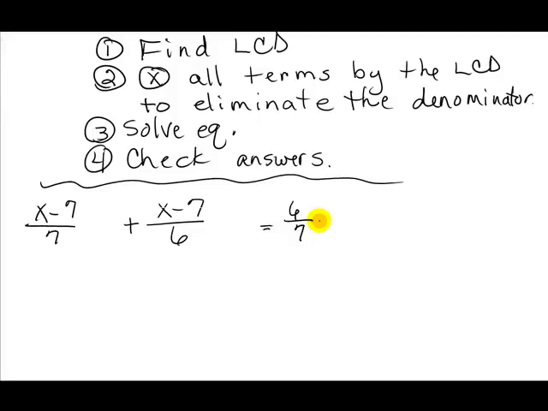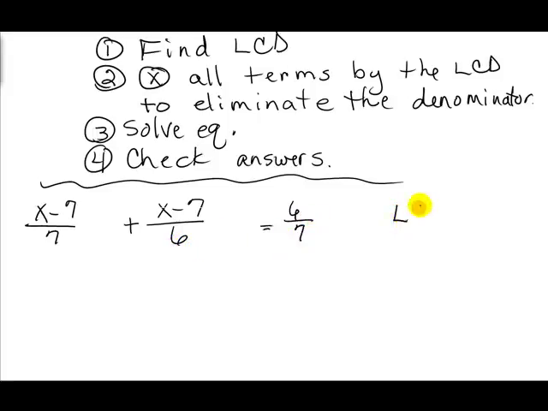So after you get this equation written down, then let's look at the denominators. We have 7 and 6 and 7. We can always use the numbers that are in the denominator to create our denominator.